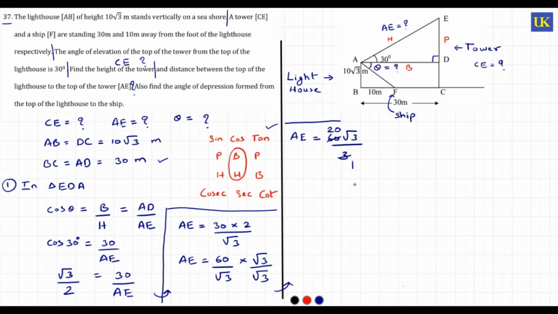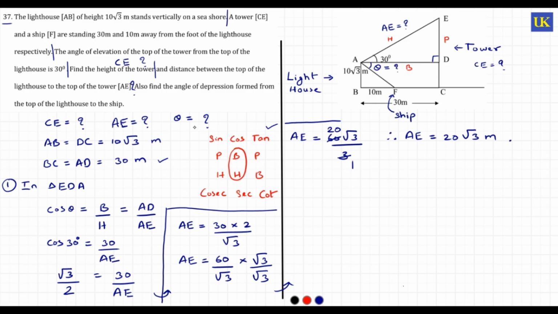So what we are getting as the answer for AE, therefore AE is equal to 20 root 3 meter. One of the things they had asked us to find out here was AE. So this part we have found out. This part is done. We have the answer now.